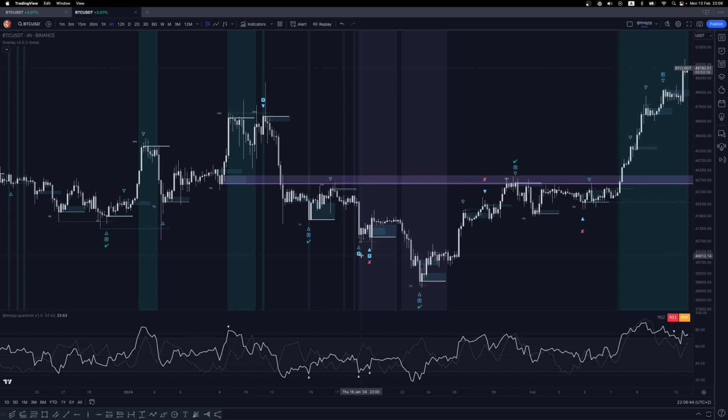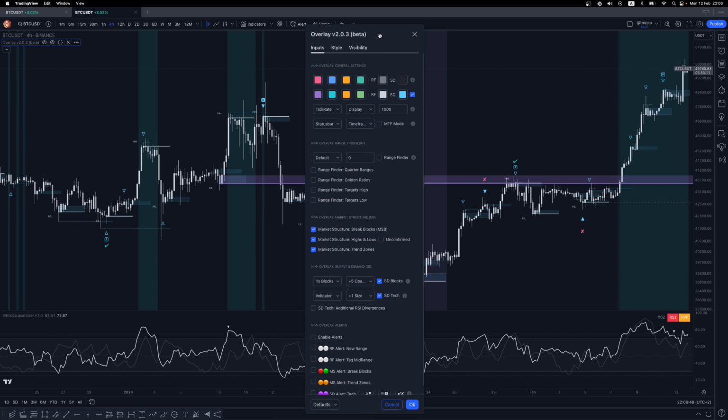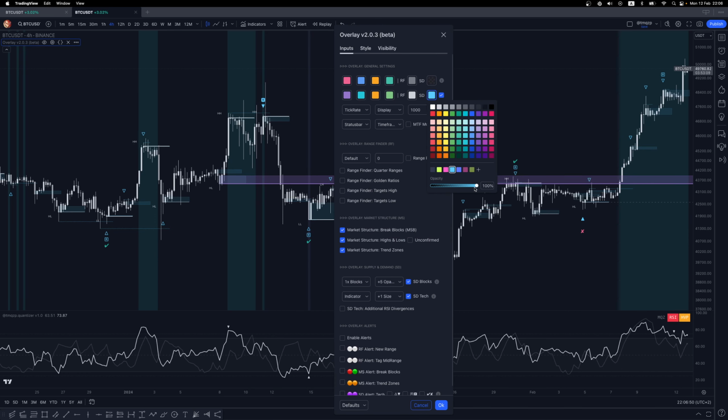I don't recommend doing this because then you lose the visual reference that these are the important ones. So at default, I set it at 50. If you want it a little bit higher because it's too hard to see, you can play around with this and put it at the opacity that you like. But the important ones will always be 100%. So I recommend giving the other ones a little less brightness so that you can distinguish between them.